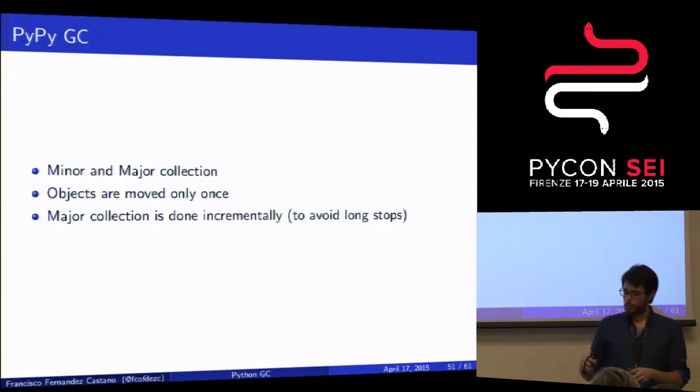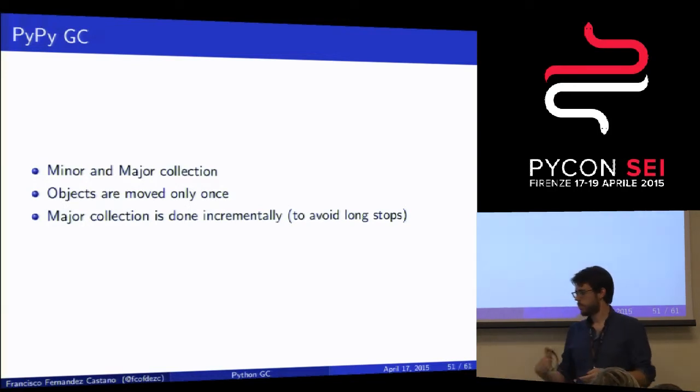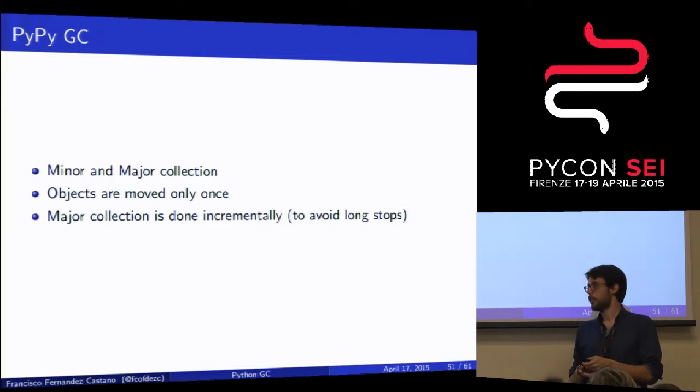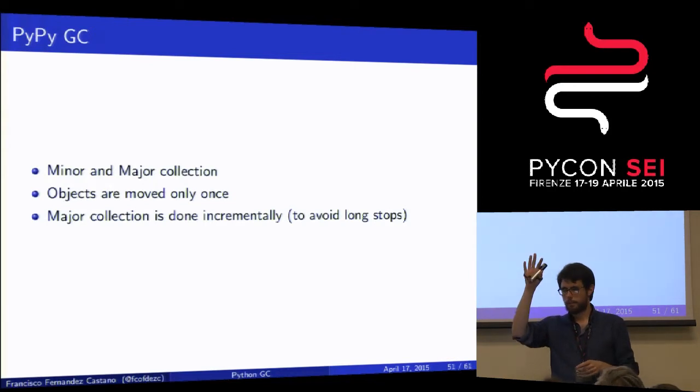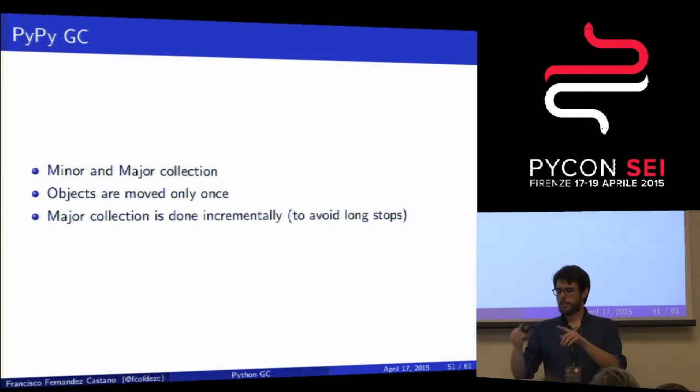So once the nursery is full, which happens all the time because it's a small space in memory, they do a minor collection. So what does a minor collection mean? We go through the roots, because in PyPy we know what the root objects of our living program are, and we go through all the objects in the nursery that are referenced from the roots.